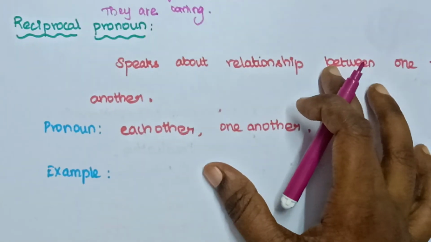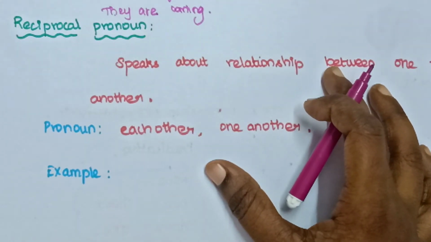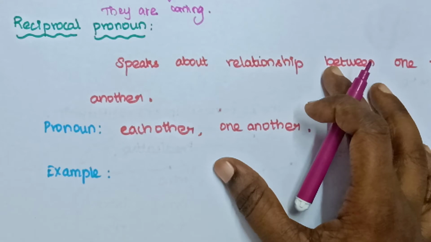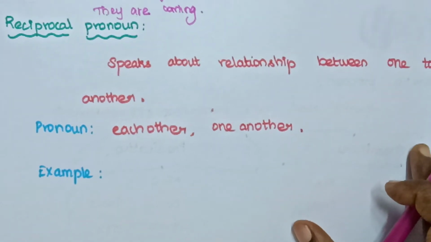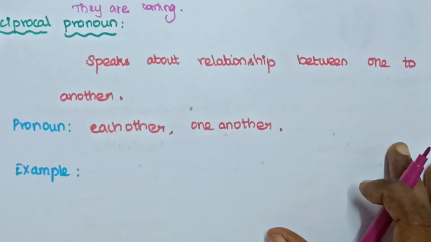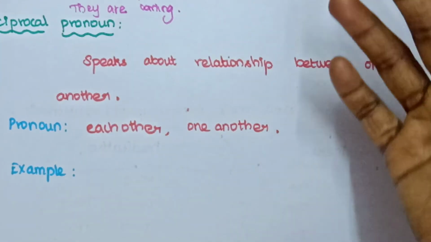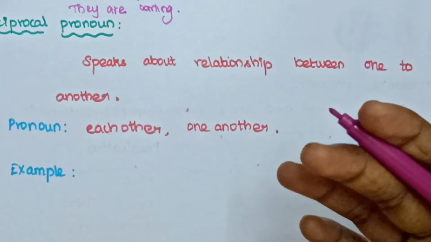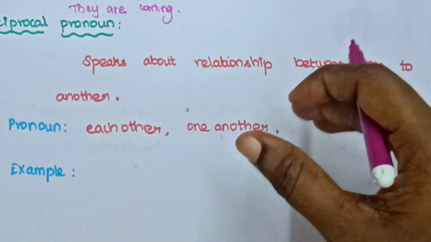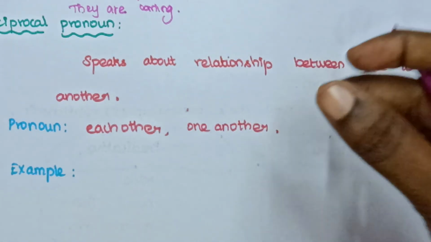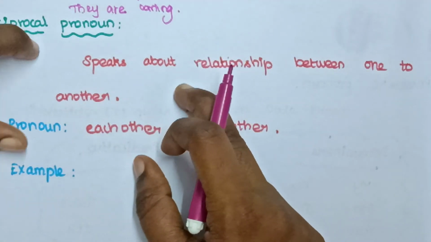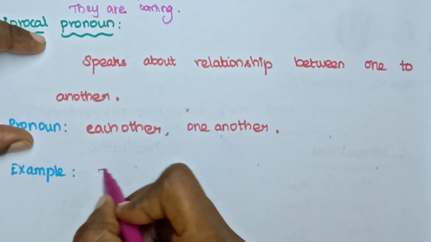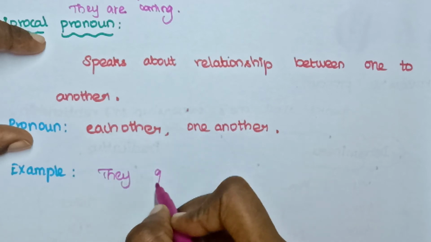And what is reciprocal pronoun? The second type we are going to see is reciprocal pronoun. What is a reciprocal pronoun? It speaks about the relationship between one and another. So if it speaks about the relation between one person and another person, then it is called a reciprocal pronoun. See, for example, they gave.